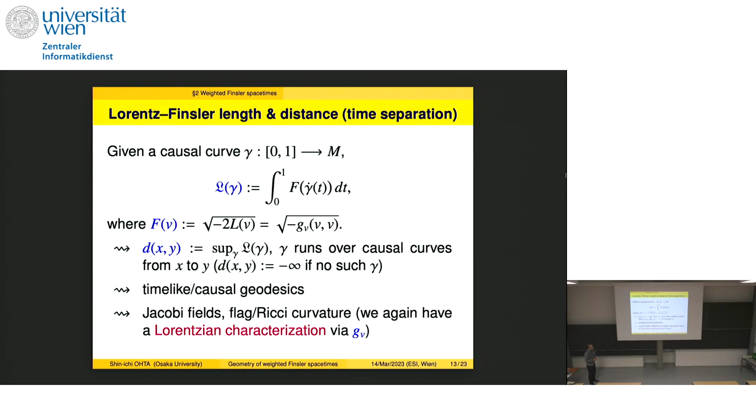And by using the geodesic equation, we can introduce Jacobi fields, and by Jacobi fields, we can introduce curvature. So we can also follow this standard line in the Lorentz-Finsler case. And I remark that we again have a Lorentzian characterization of Lorentz-Finsler curvature by using an approximating Lorentzian structure. This is the same as the Riemannian characterization in the positive definite case.